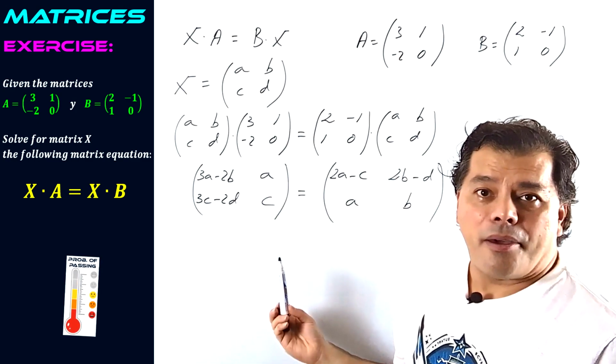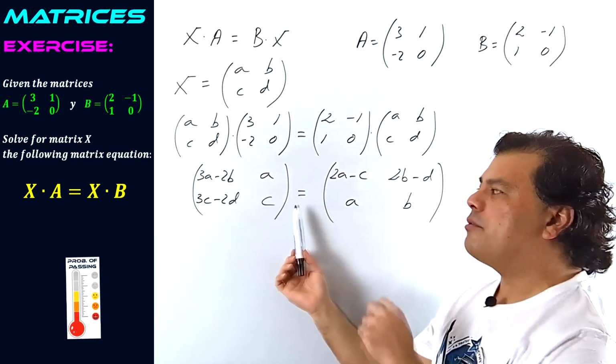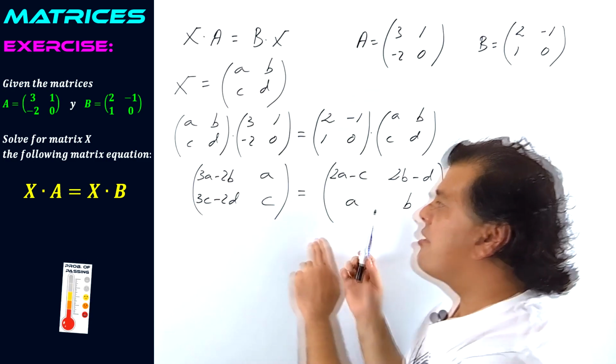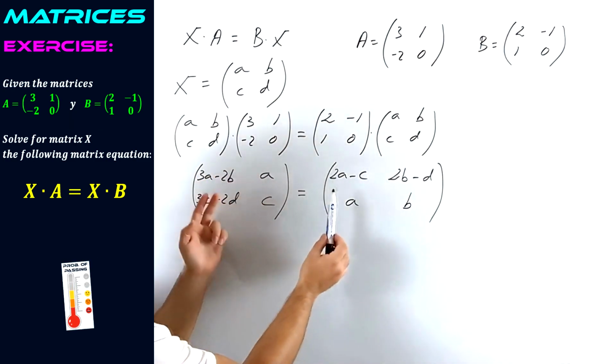That's it. Now, you know that in order for two matrices to be equal, we must equate every position.